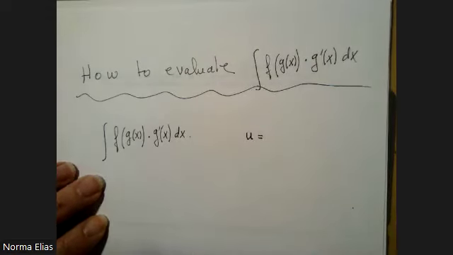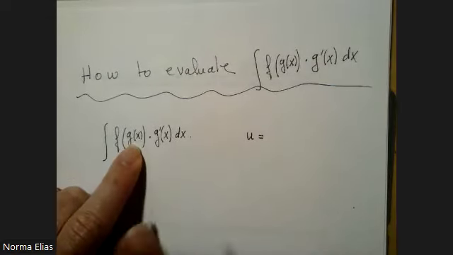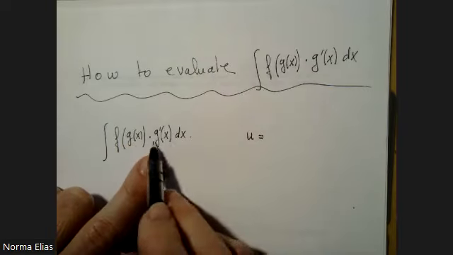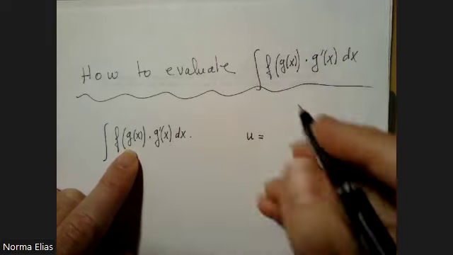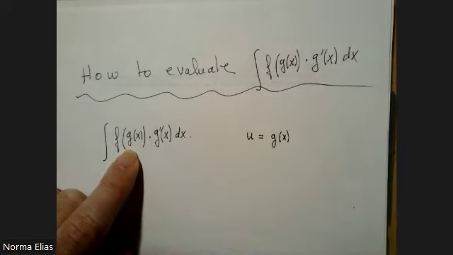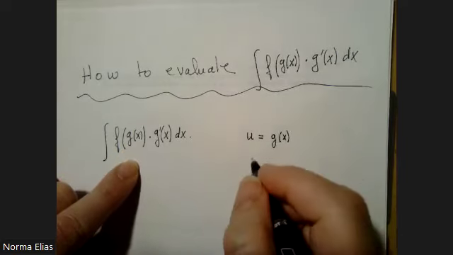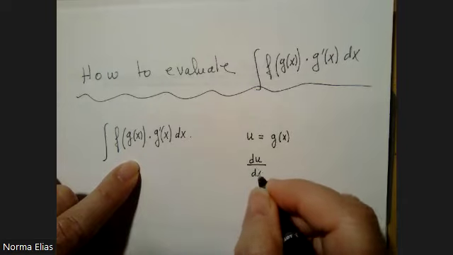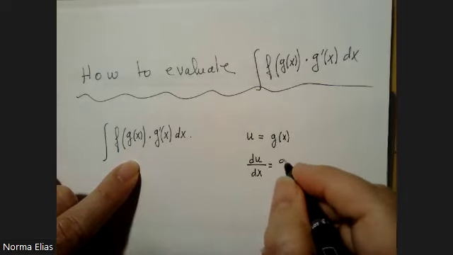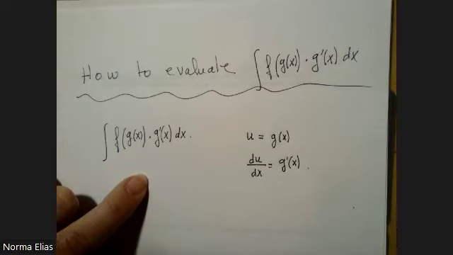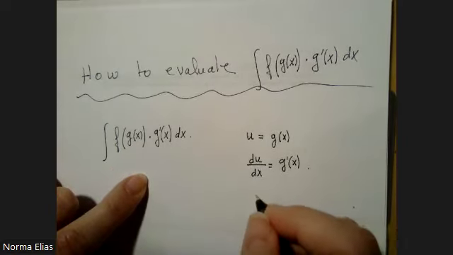And we set the new variable to be usually the inside function, or the function whose derivative is part of the integral. So we set u to be the inside function. And then we evaluate the derivative, the regular derivative, g prime. And then we multiply both sides by dx.